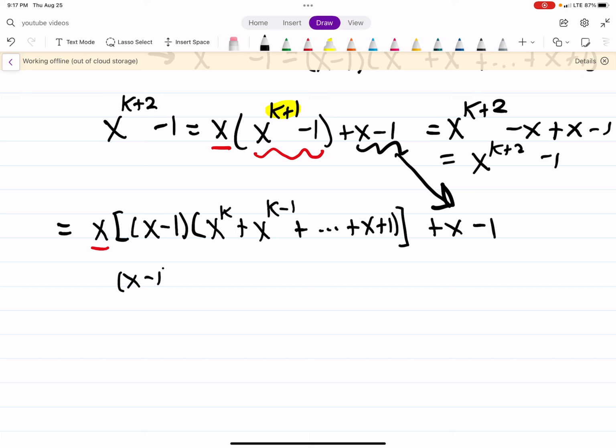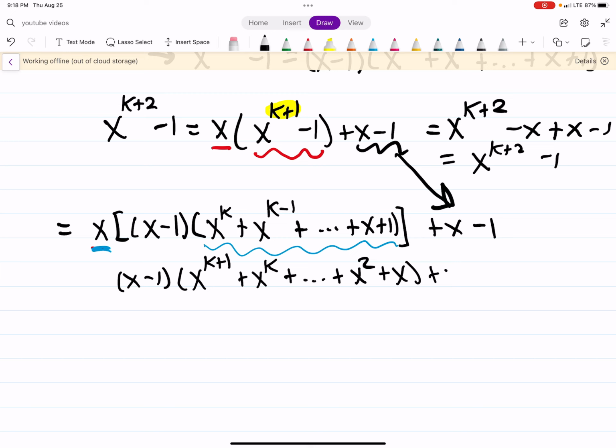So if we pull an x out from this guy, 1 over x, that'll make that x go away, right? And we'll be left with x to the power k plus 1 because we factored an x out, so that's going to increase our exponent, plus x to the power k. I hope I'm saying this correctly. I know I'm writing it down correctly, but you know how it can be, plus x squared plus x, and then we still have our plus x minus 1.